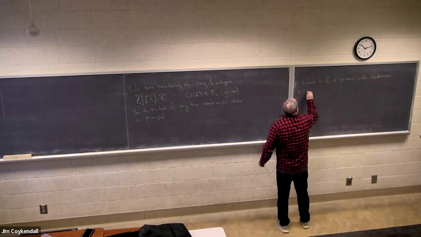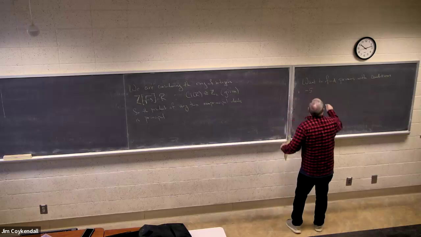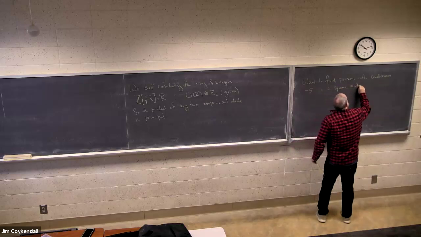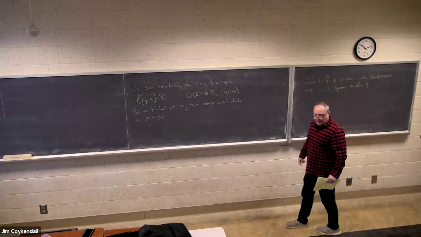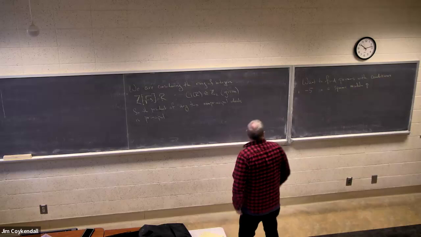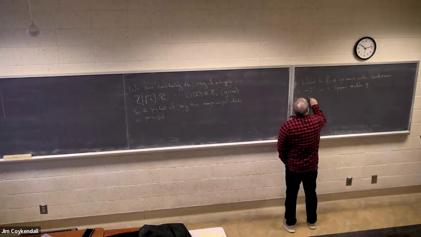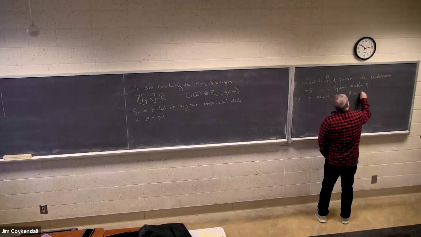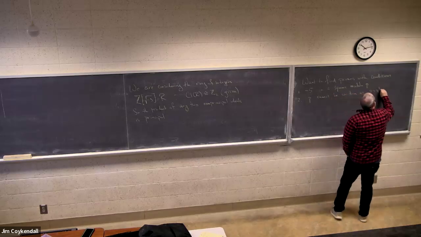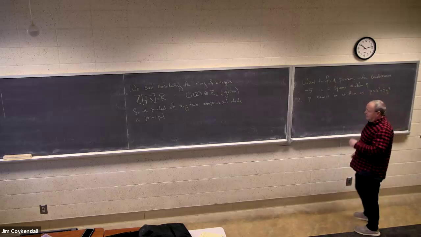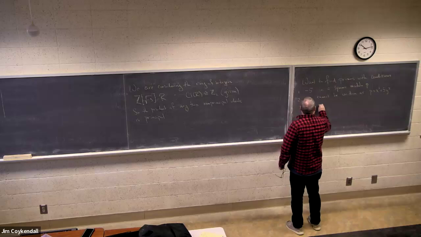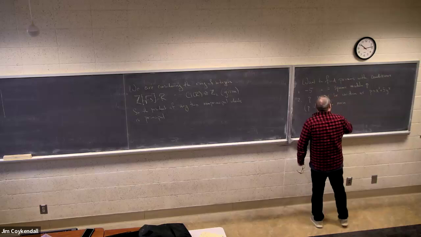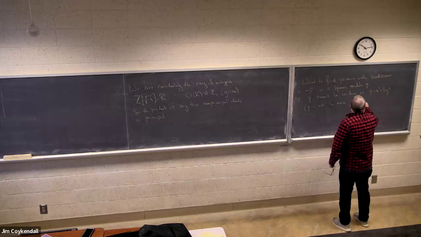Number 1, minus 5 is a square on P. And number 2, P cannot be written in this form, that is to say P is not the norm of an element.